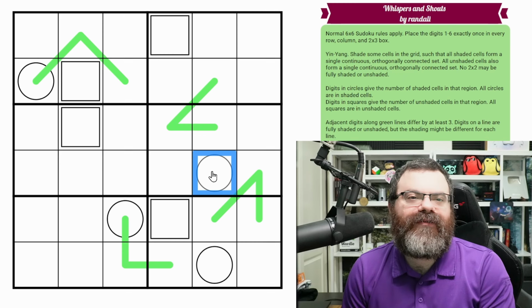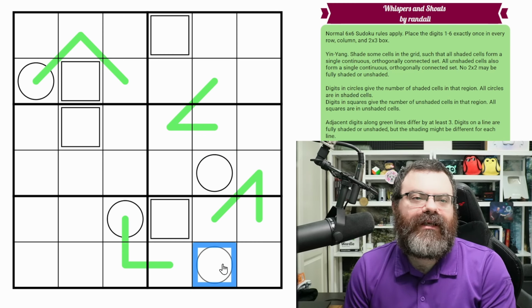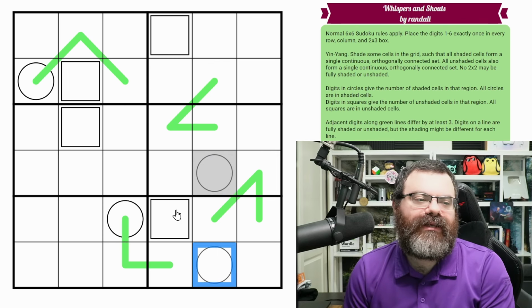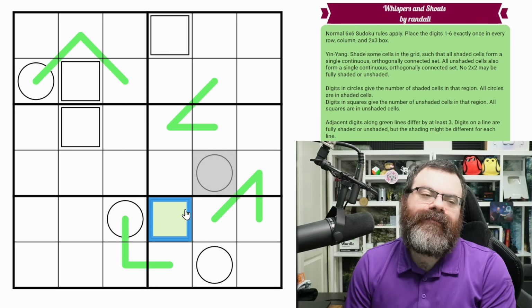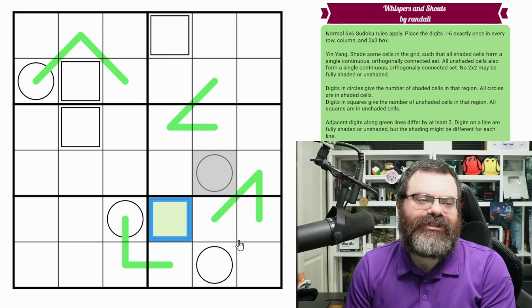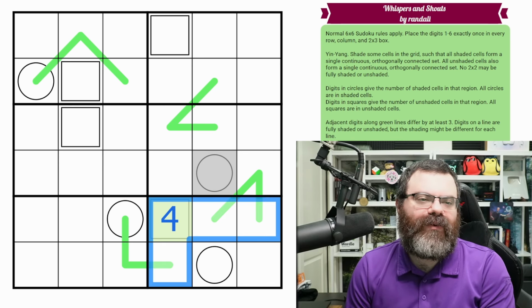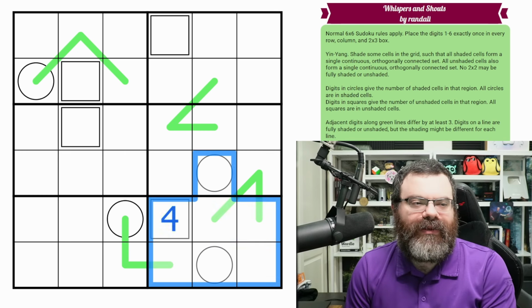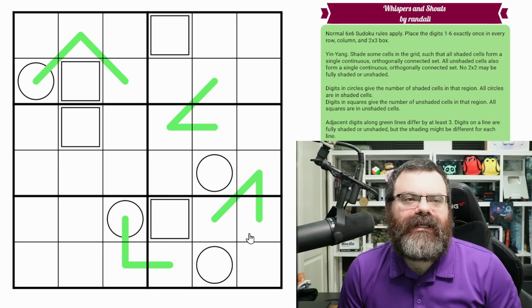Squares give the number of unshaded cells in the region. And also circles are always shaded and squares are always unshaded. The square is going to give the count of the unshaded. So if this was a 4, then we might have 4 unshaded and then 2 shaded. This is broken though, because these can't get out. But anyway, that is how those work.